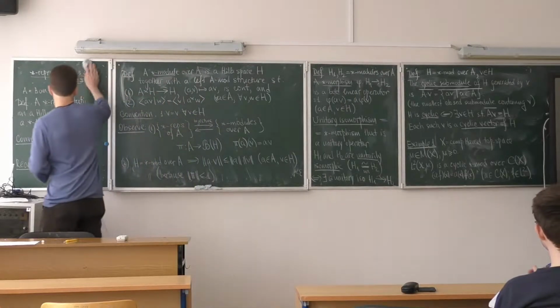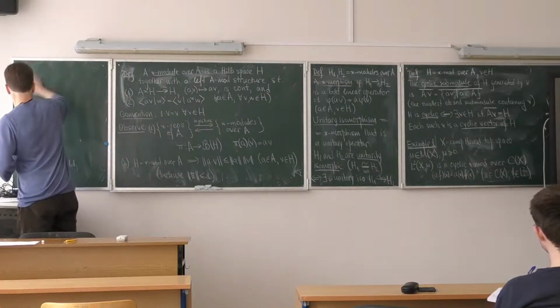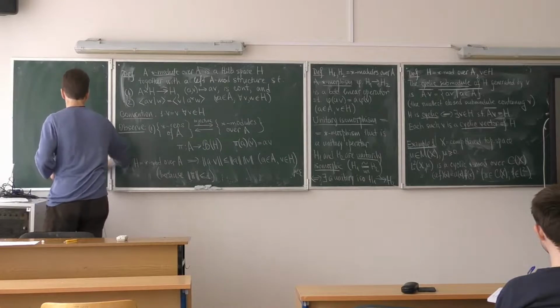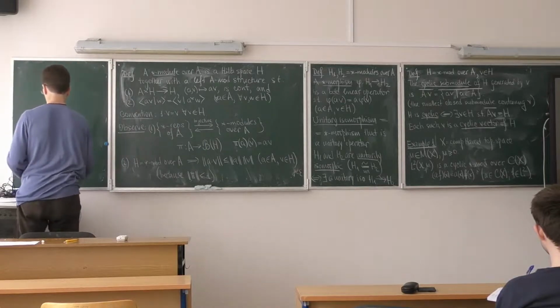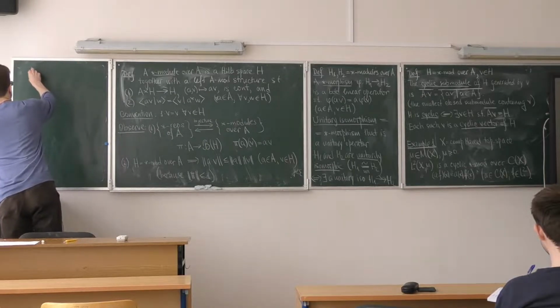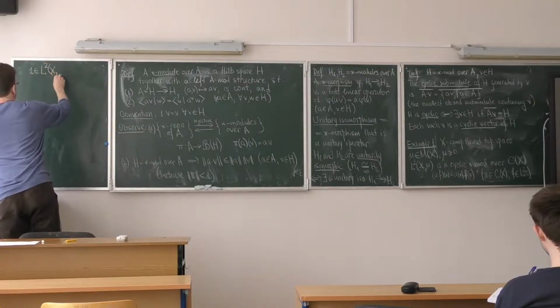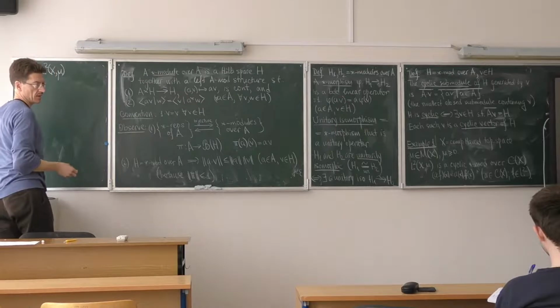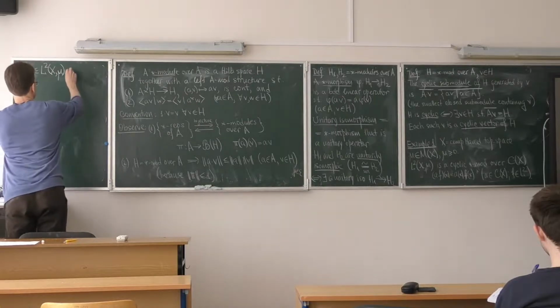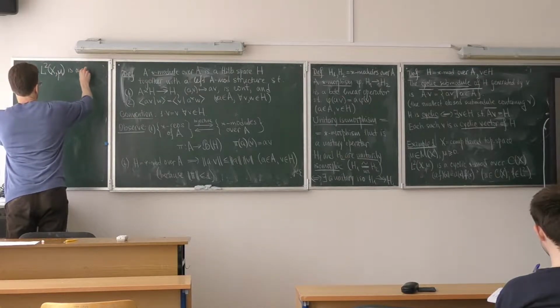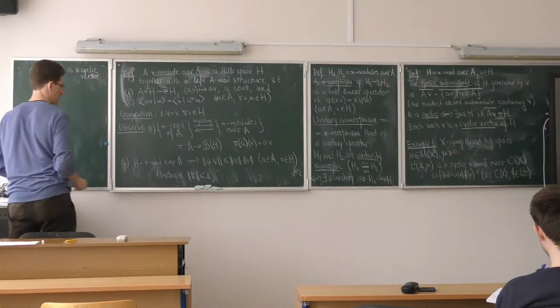Well, let's consider just the function which is identically 1. Of course, it is an element in L2 because the measure is finite. And I claim that this is a cyclic vector.